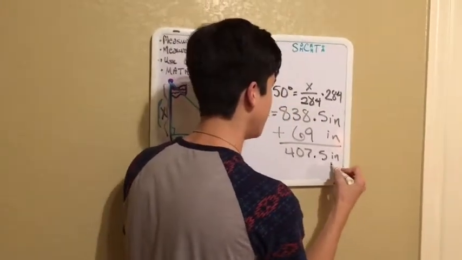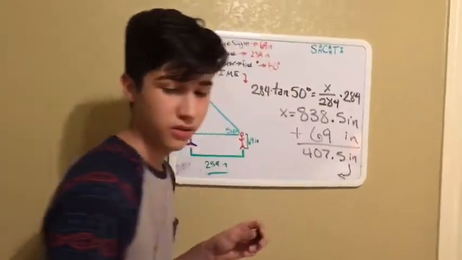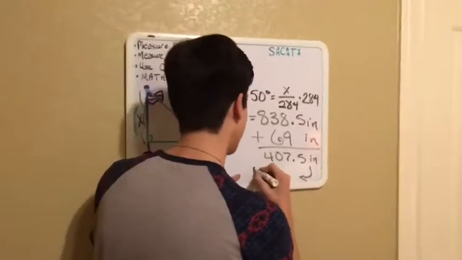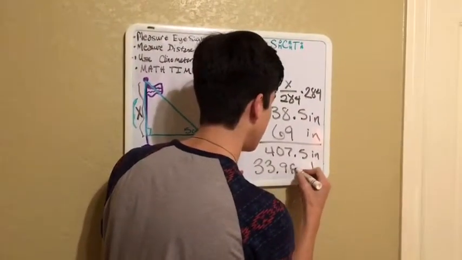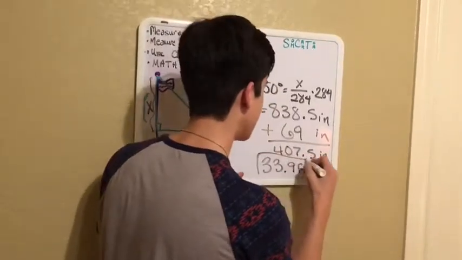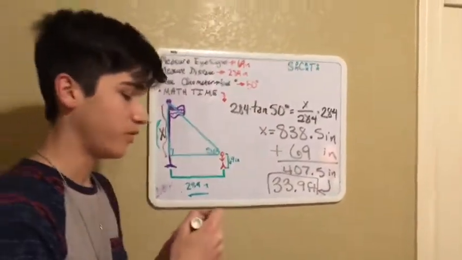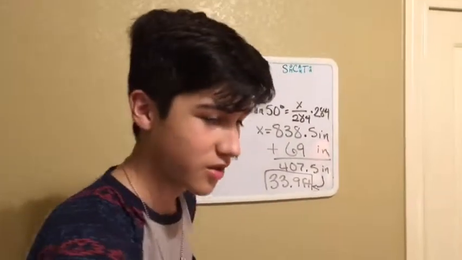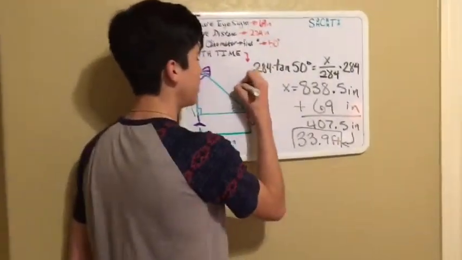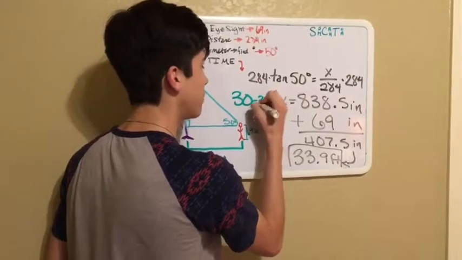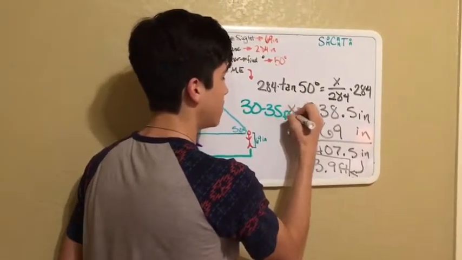And now we want it in feet. So now we convert that and we get 33.9 feet is the height of the flagpole. So we could roughly estimate that the flagpole is within 30 to 35 feet tall.